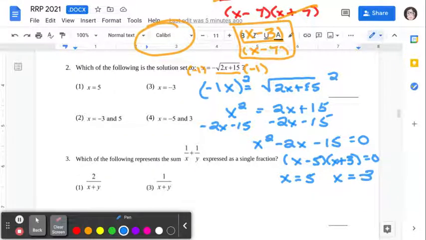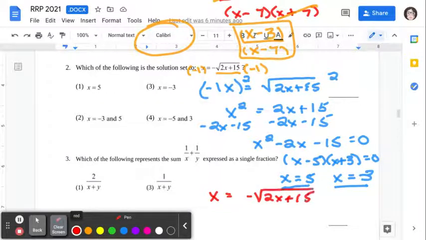Now, what you need to do is check these answers. Because we have squared a radical, you could come up with an extraneous root. So I'm going to go back to my original equation, x equals negative radical 2x plus 15. First thing I'm going to do is plug this 5 in.